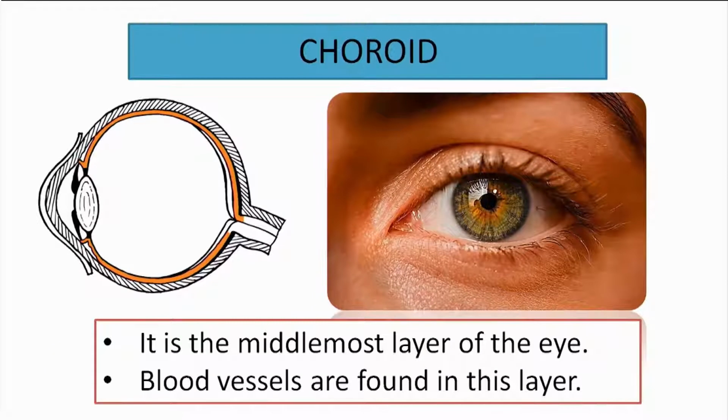It is the middlemost layer or the second layer of the eye called the choroid. If you observe an eye in the expanded mode, one can watch the small blood vessels on the choroid. These supply blood to the human eye.